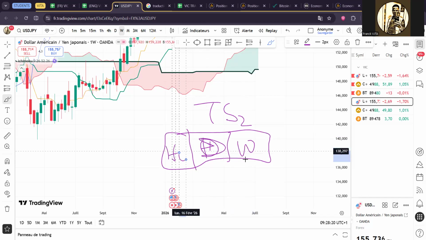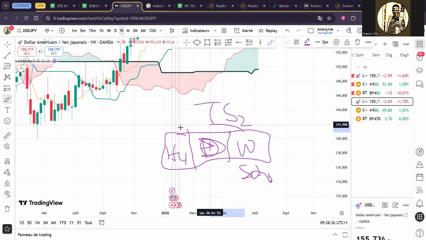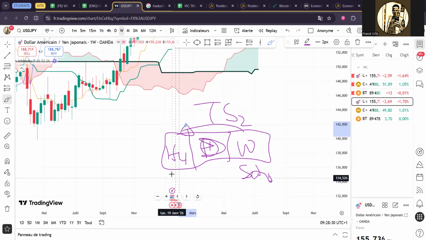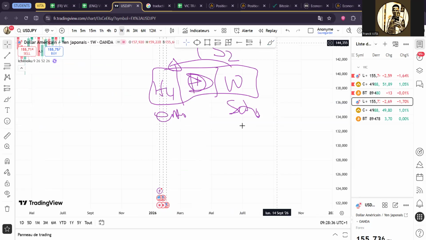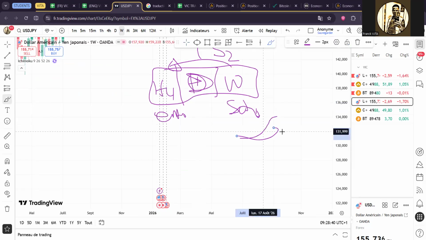On the weekly time frame, you find a setup, and then you skip the daily, you go directly and find the entry. What is a setup? A setup is just any Ichimoku line touch. When Ichimoku has many lines, like four lines that can be touched by a candle, when a candle comes and touches the line, it is already a setup.